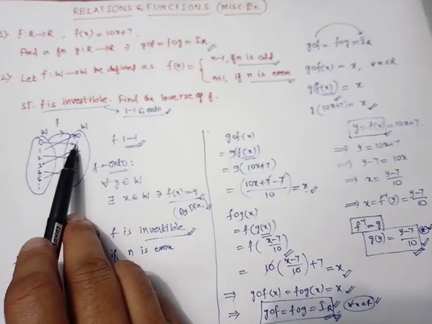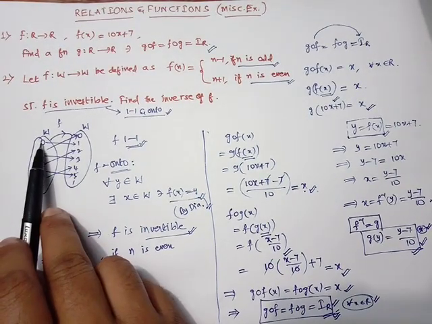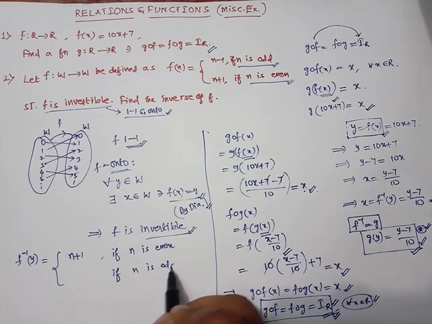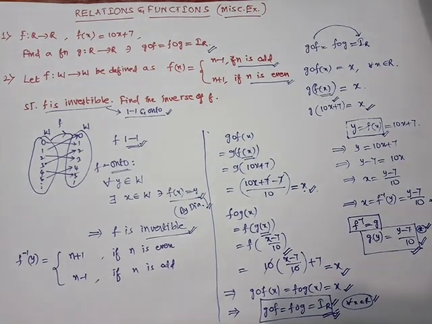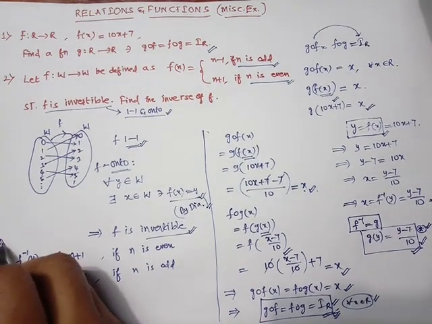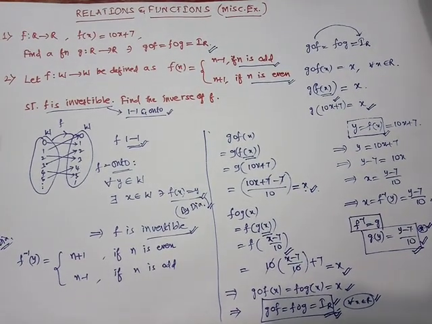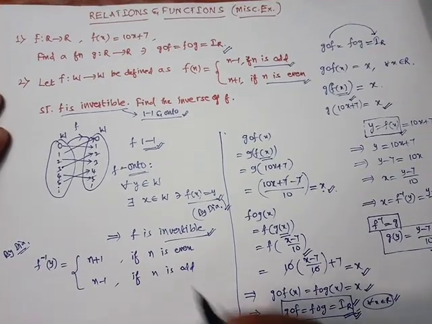And at the time of odd, 1 - 1 is 0, so if n is odd, it is n - 1. We are taking this from the diagram only.